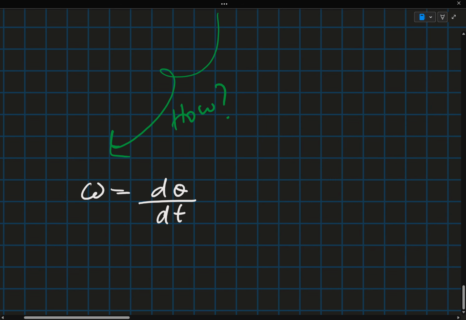The linear velocity is also, as we stated before, r times omega. The magnitude of centripetal acceleration is the rate at which the velocity direction changes as the object moves in a circular path. So when we understand that, we can do the derivation.